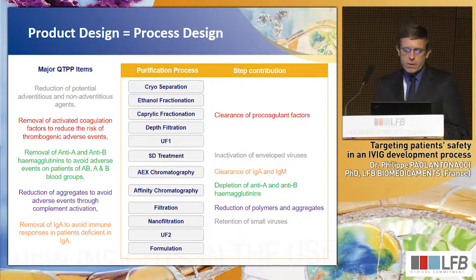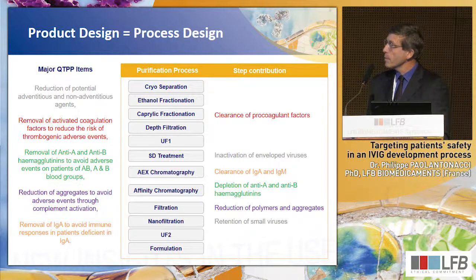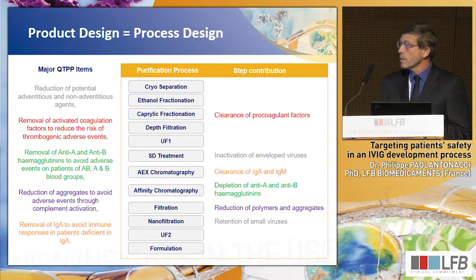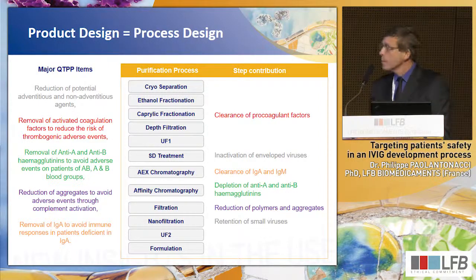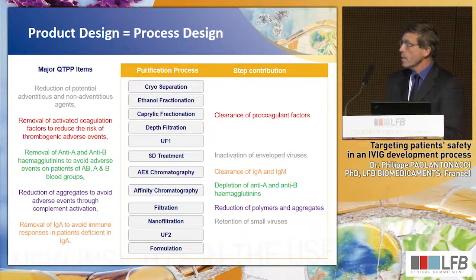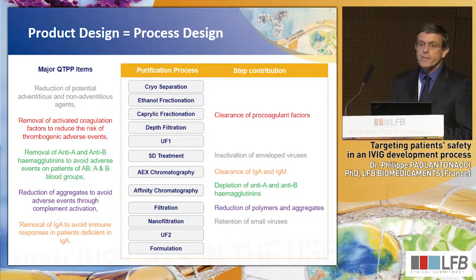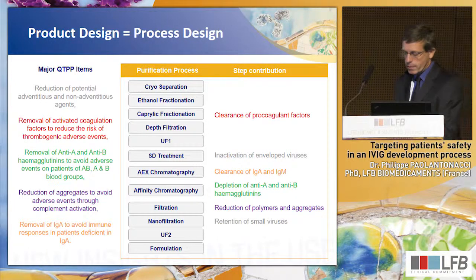At first, I would like to exemplify that the product design is related to process design, taking as an example the major quality target profile items. For example, the first one is related to the reduction of potential adventitious and non-adventitious agents, which is obtained through two specific biological safety steps. For another item, removal of activated coagulation factors, we have a specific step dedicated to this, which is caprylic acid fractionation.